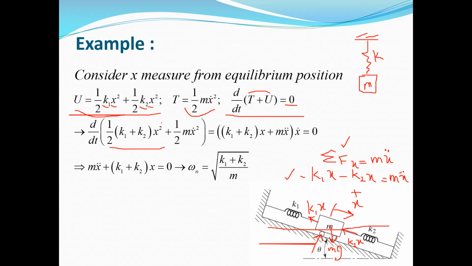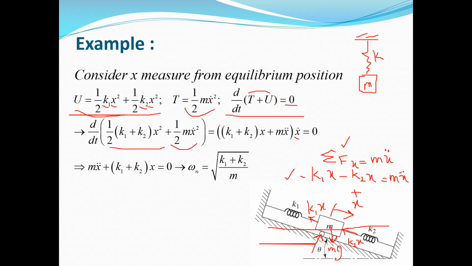So the derivative of x squared with respect to time is 2 times x dot, where 2 cancels out with half. Again, here we have half times m x dot squared. Half times m is a constant number. The derivative of x dot squared with respect to time is 2 times x dot times x double dot. Again, 2 cancels out with half, and we will have m x dot x double dot.